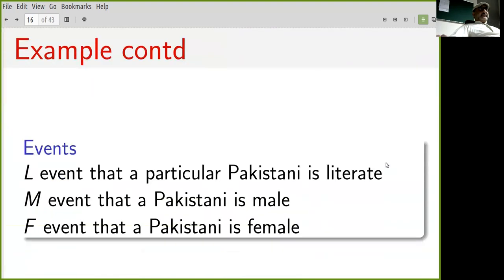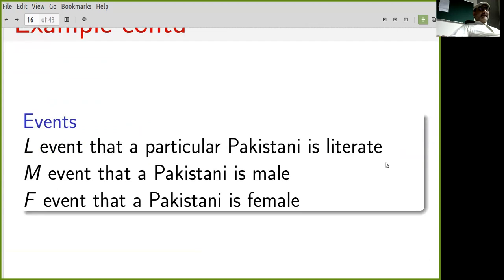Okay, so we were given certain pieces of information. Let's label them as events. Let L be the event that a particular Pakistani is literate. Let M be the event that an adult Pakistani is male. Let F be the event that an adult Pakistani is female.